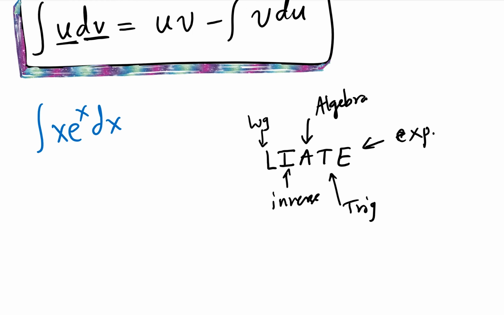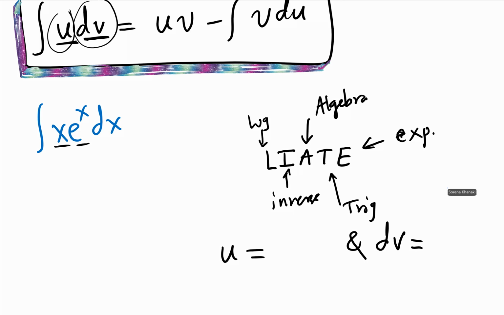Again, part of this integral has to be u, and the rest is dv. So which one is u? Well, you look at this. What kind of functions do we have? We have algebraic and exponential functions.